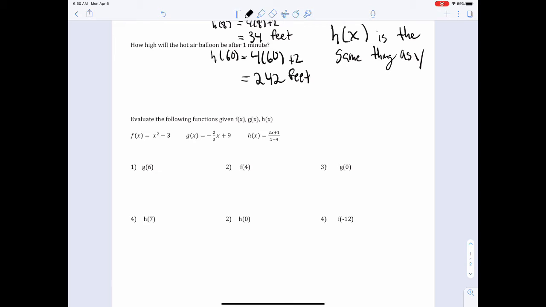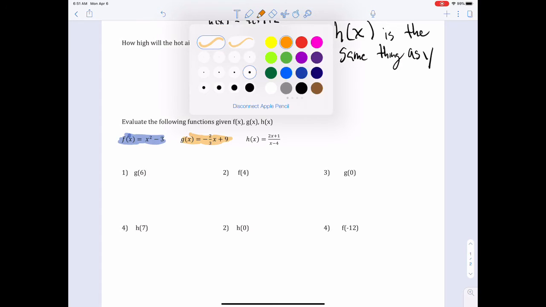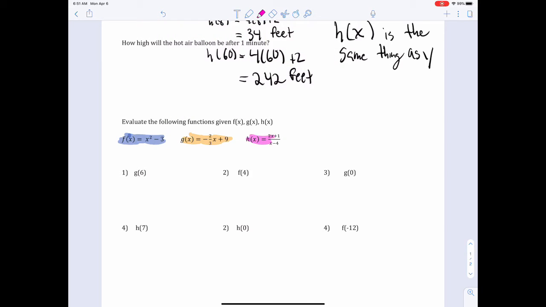All right. Part 2 here. Evaluate the following functions given f of x, g of x, h of x. All right. So we have g of 6 here. So I'm just going to kind of color code these different functions. There's a blue function. Here's the orange function. And here is a pink function.